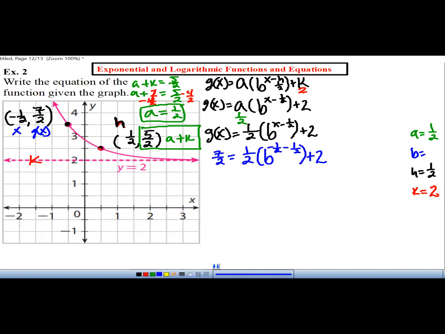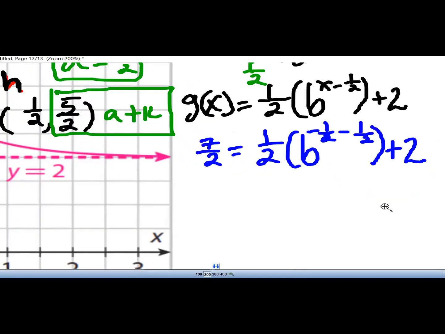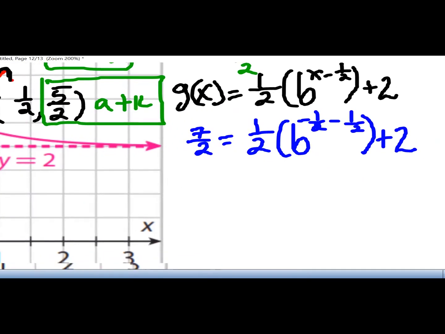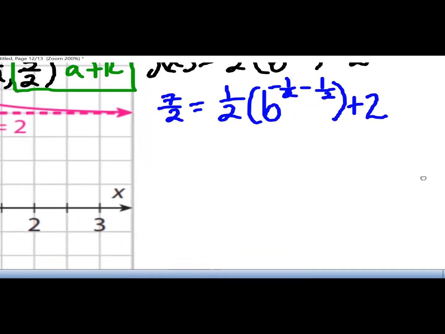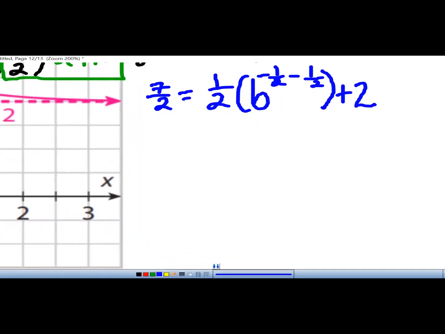All right, let me zoom in. Let me do that work right there. Here we go. So 7/2 equals 1/2 parentheses b. What is -1/2 and -1/2? That's -1, plus 2.